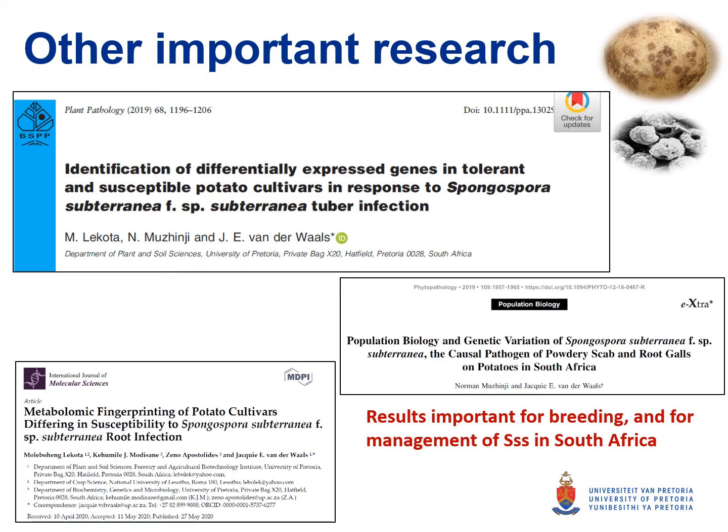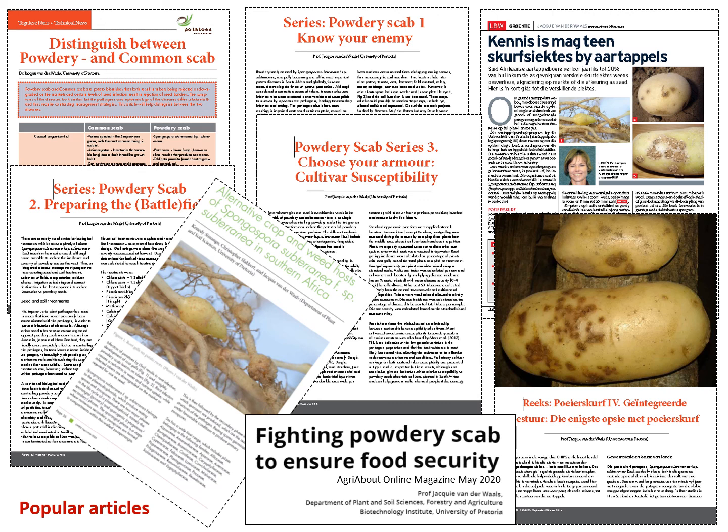And these results do have important implications for breeding and for management of Spongospora in South Africa. You can get these articles from the journals if you are interested. And all of this research that I have presented today is available in various editions of CHIPS, which are all available on the Potato South Africa website.